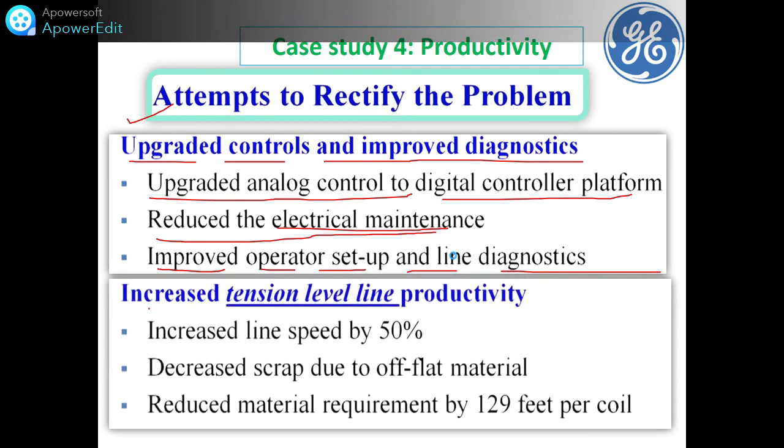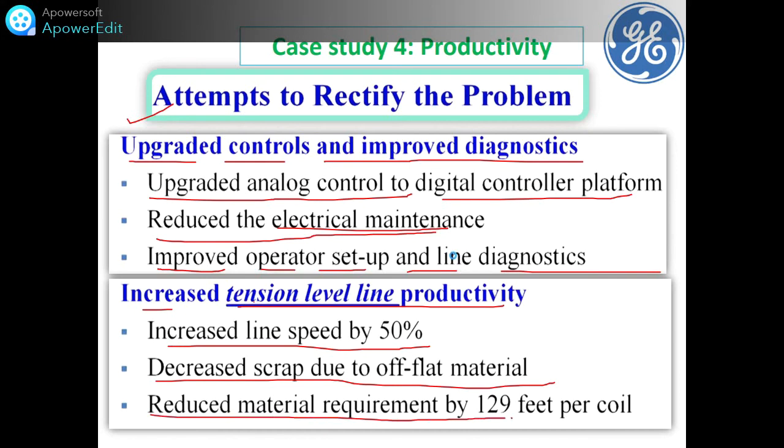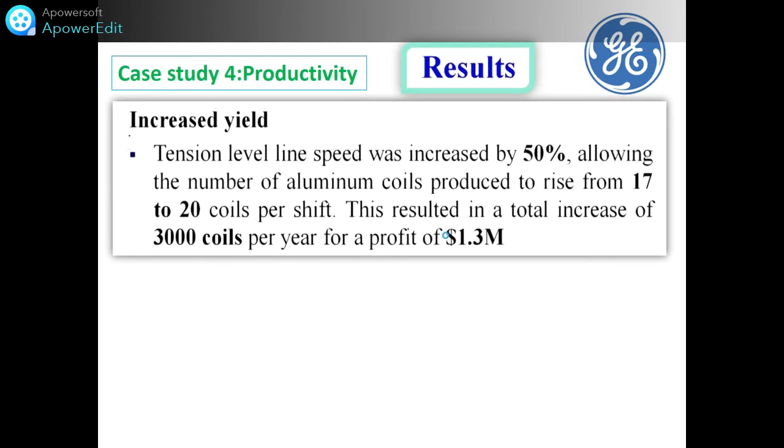So what will happen? Increase in tension level line productivity. The line speed increased by 50% and scrap due to flat material decreased. Material requirement was reduced by 129 feet per coil. See how small the quantity is, 129 feet per coil, but read the results carefully. What will be the effect in the results? I'll show you.